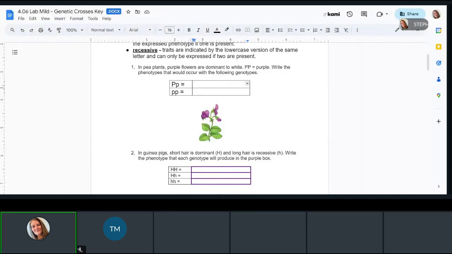Remember, the big P, purple, is dominant. So if it has the genes like this, what color is the flower going to be? Is it going to be purple or is it going to be white?